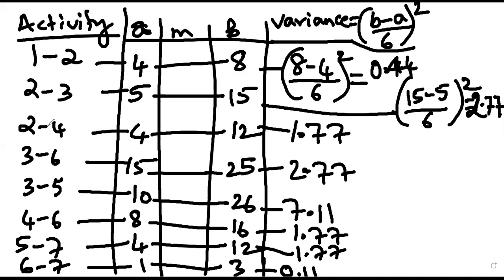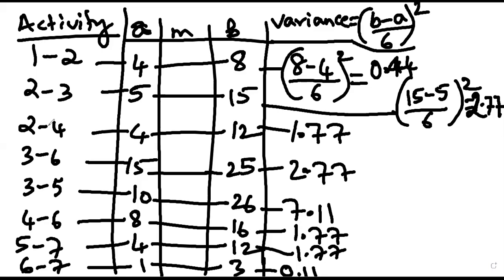All right. So just list the critical activities and also list their variances, and just sum it up. That will be the variance of the project.